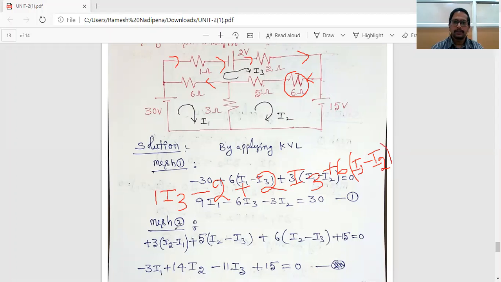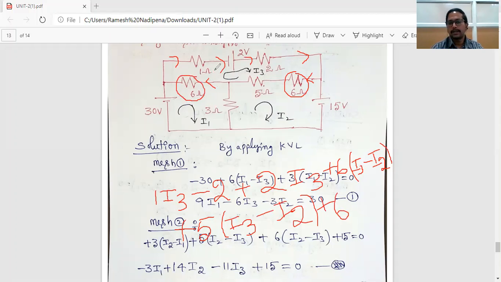Now consider the 5 ohm resistance. So plus 5 into I3 minus I2. Plus 6 into, since the 6 ohm resistor is common between the first mesh and third mesh.